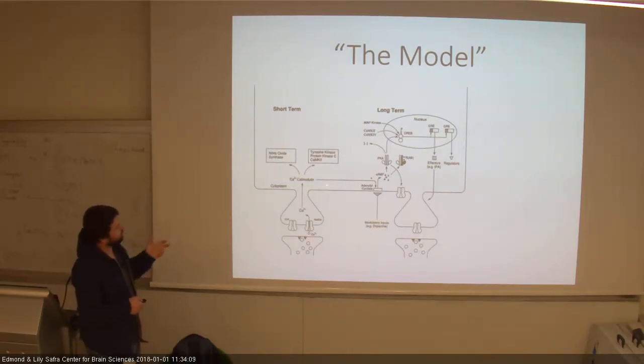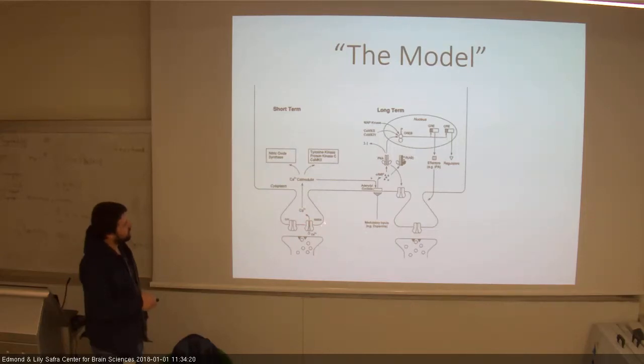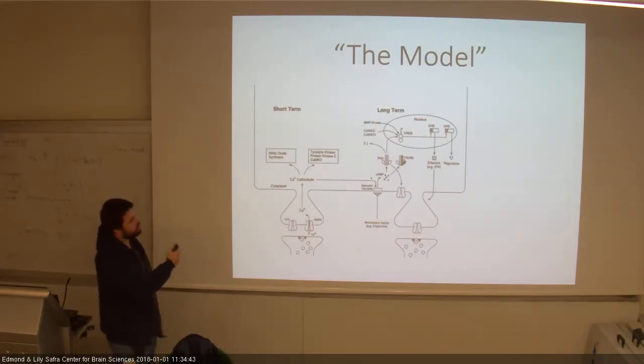First of all, their model looks very elaborate here, but in essence, what they say is that if you activate a synapse and you have a lot of calcium entering, this can activate a signal cascade that will cause an increase in cyclic AMP, and then PKA will be activated, move to the nucleus, and activate CREB, which will bind to CRE and cause transcription and then translation of new proteins that can induce long-term potentiation.